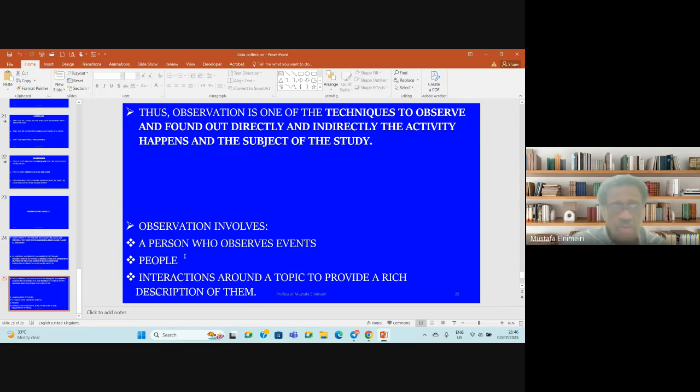And also we observe people during their work. For example, you can observe a midwifery cadre who is attending a delivery in the delivery room, and also interactions around the topic to provide a rich description of such situations and individuals.